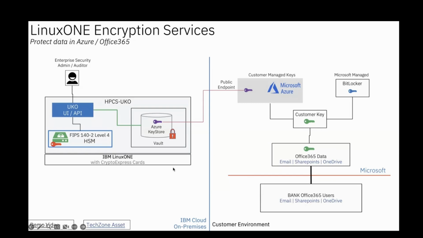So HPCS UKO, currently in IBM Cloud, can be configured in an on-premise scenario also. So the idea is to be able to create encryption keys on the Linux one and push them out into the key vaults of Azure or key vaults of AWS and use those keys. For example, you see this purple key here to protect the data that is being protected with this green key.